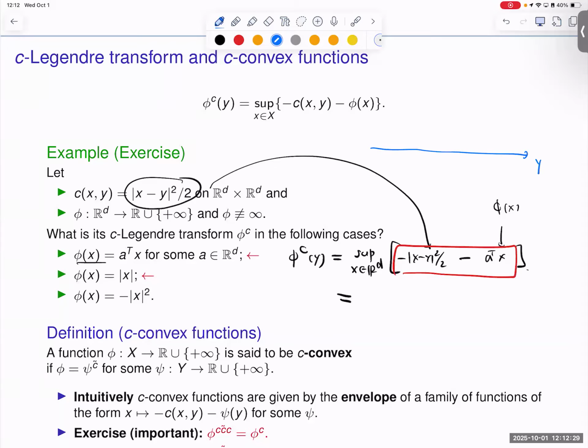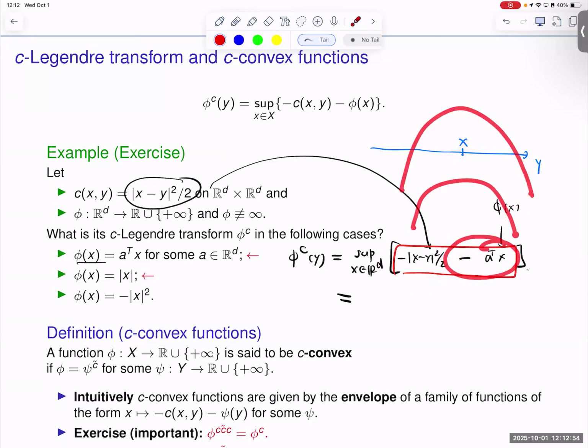At each particular x, you have this principal term which gives you an upside-down paraboloid like this, centered at x. Now this value will adjust the height, so depending on this value, it can be here or there. And this height is negative a transpose x.